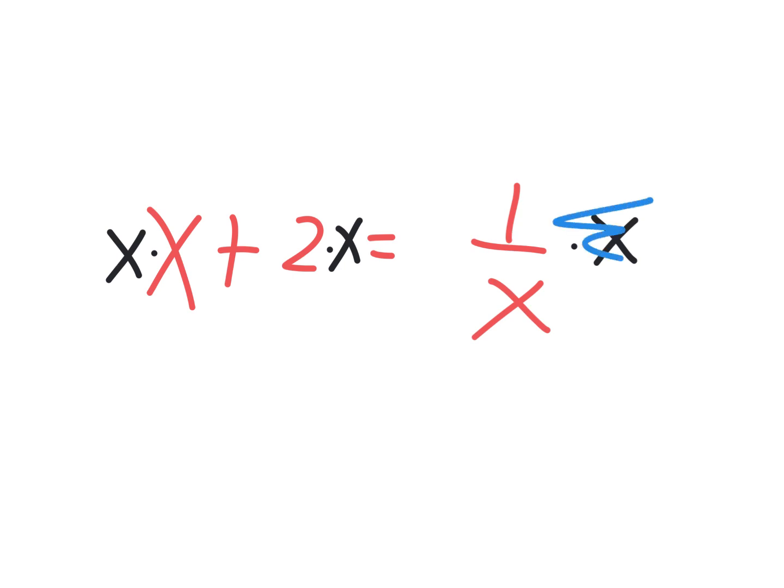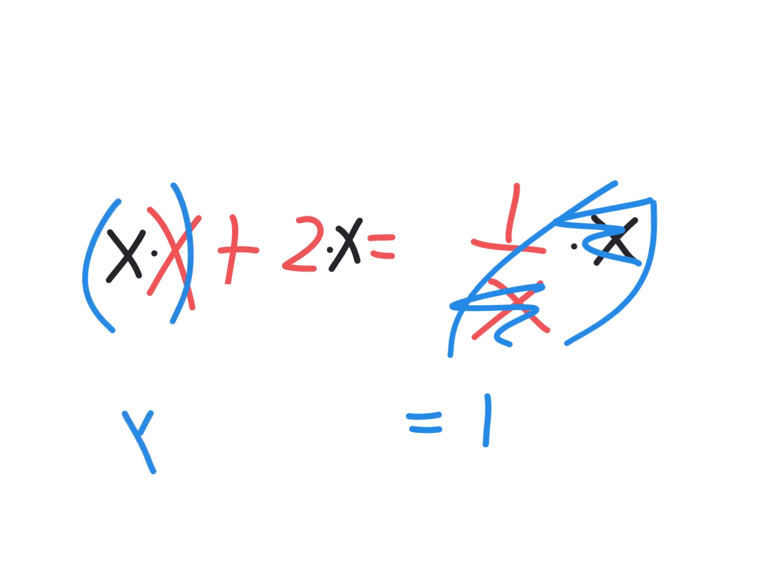This cancels. Does that mean there's 0 left? When everything cancels, it's a 1, actually. Because what's really happening is X divided by X is equal to 1. So it's really just simplifying. And then that's an X squared plus 2X is equal to 1.